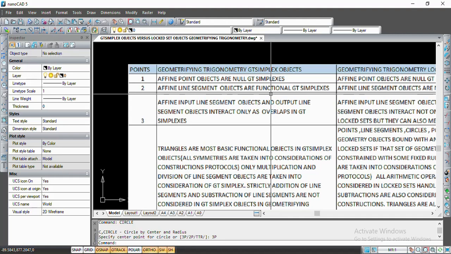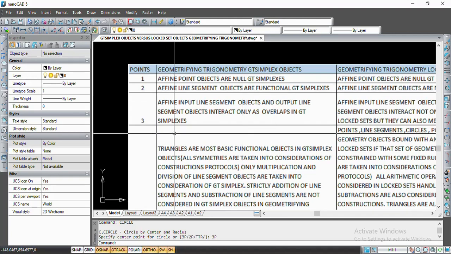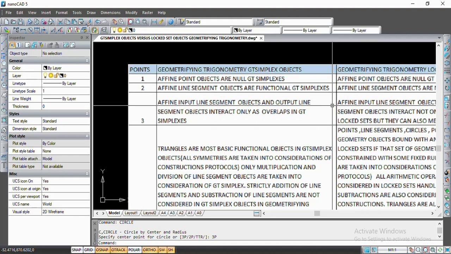Triangle construction, triangle gluing, constructing multiple polygons with triangle gluing. In the previous videos, we have already shown how to describe a polygon of any shape with the triangle gluing mechanisms and triangle construction mechanisms.